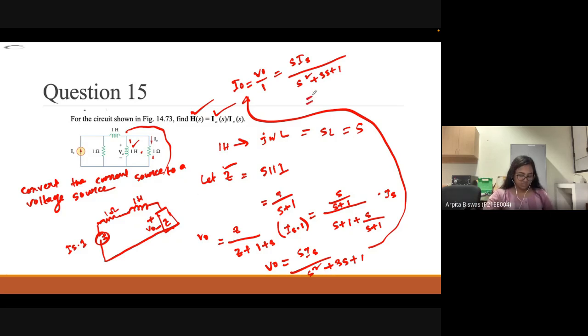So now we have to find out the value of I0 by Is. So from here the I0 by Is equal to s by s square plus 3s plus 1. So this is the right answer.